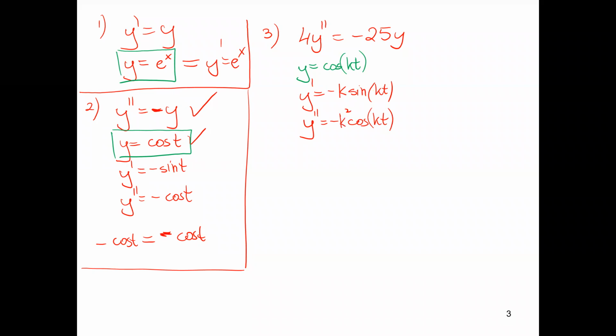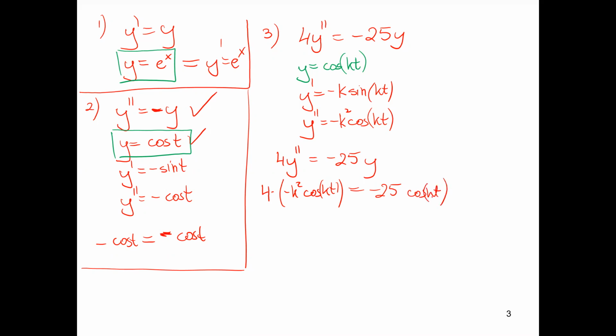Okay, now our equation is 4 times the second derivative, minus 25 times the function. 4 times the second derivative is negative 4k squared cosine of kt, minus 25 cosine of kt, equals negative 25 times the function itself, cosine of kt.